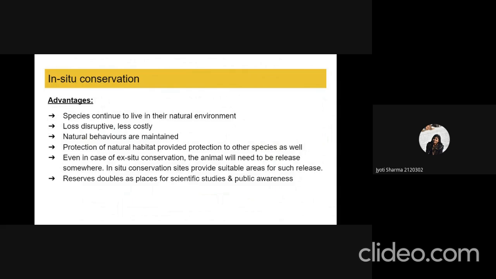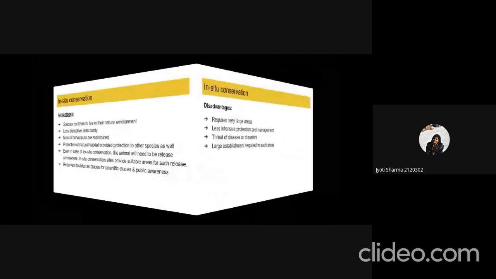Even in the case of ex situ conservation, the animal will need to be released somewhere, and in situ conservation sites provide a suitable area for such release. And these reserves can be used for scientific studies as well as for public awareness.